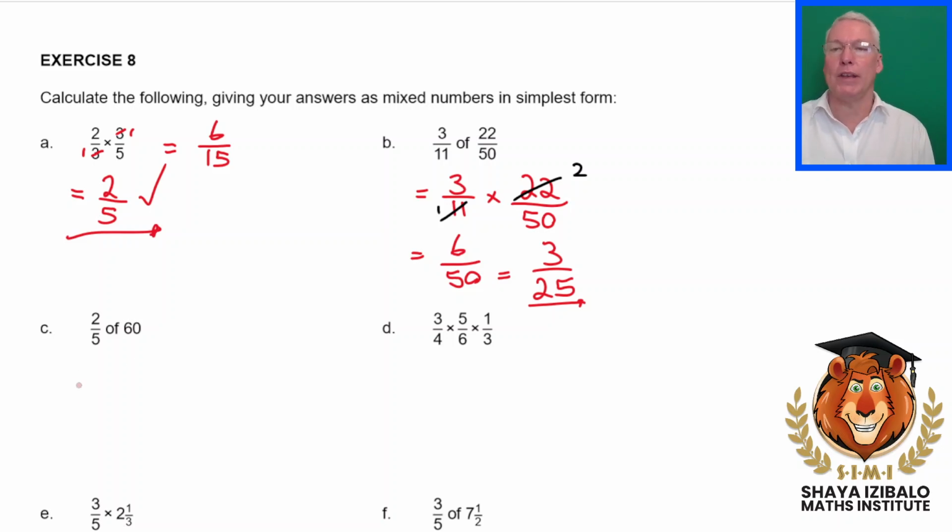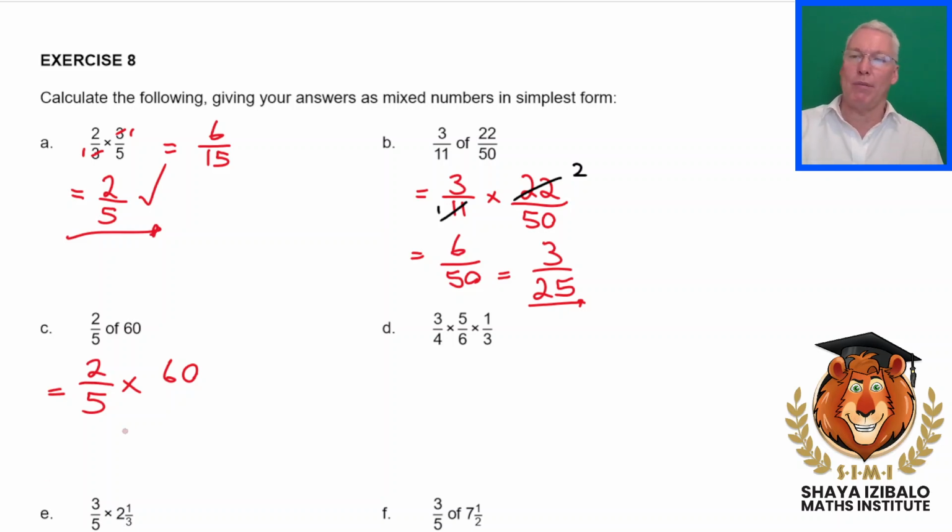2/5 of 60. Remember, 2/5 of 60 means 2/5 times by 60. I just want to draw your attention that that equal sign means that the stuff is exactly equal to the stuff above it. Now, we need this to be a fraction. This is 60 over 1.